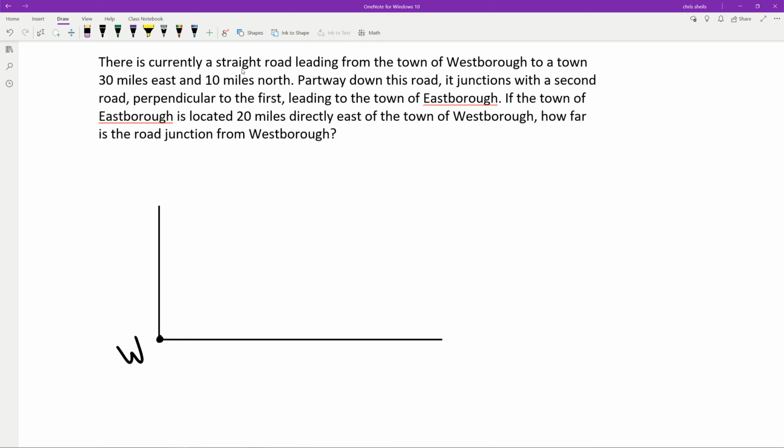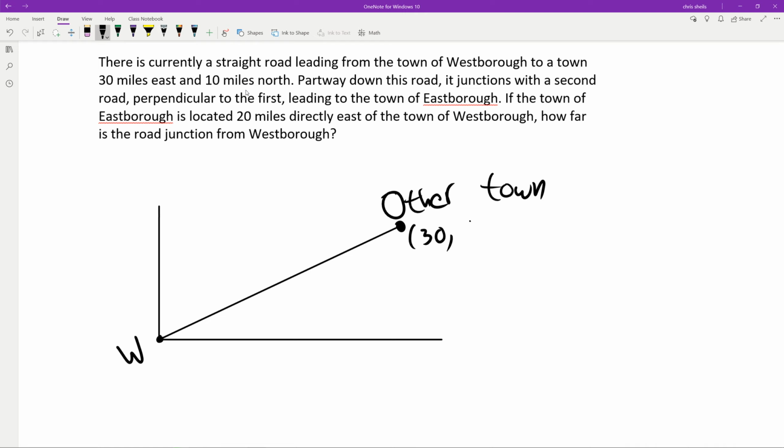And we're saying 30 miles east and 10 miles north, there's another town. Let's say the other town is over here. I'm going to call this O, other town. This is at the point 30, 10.